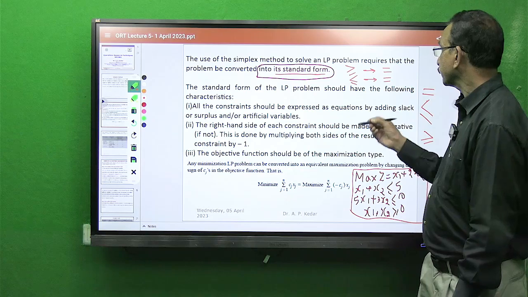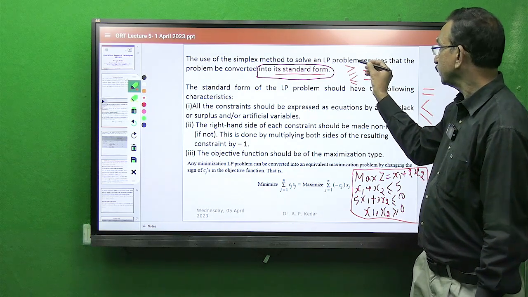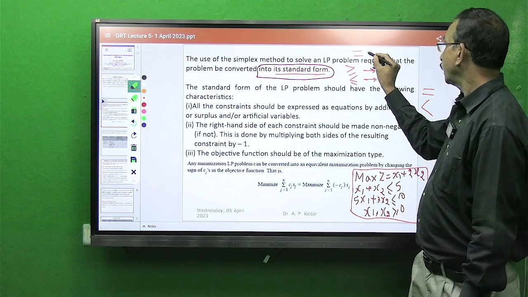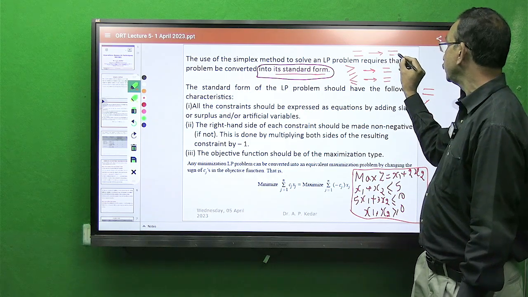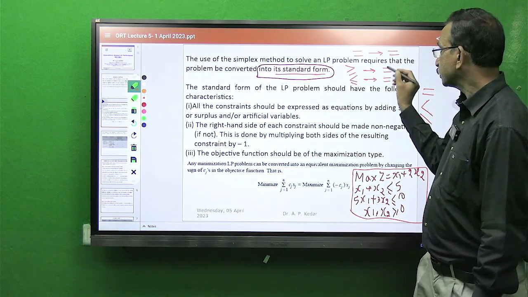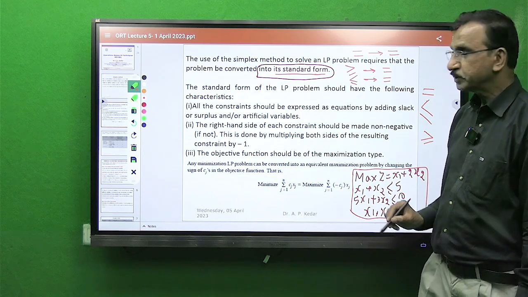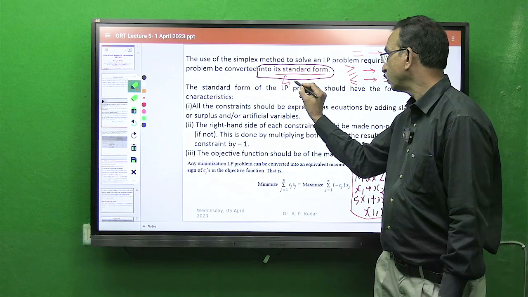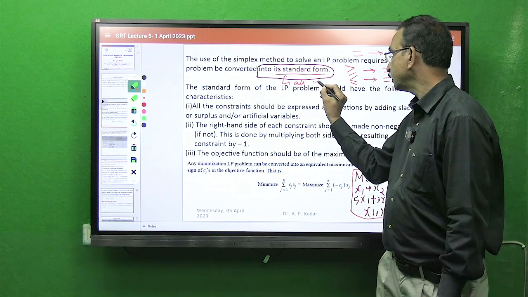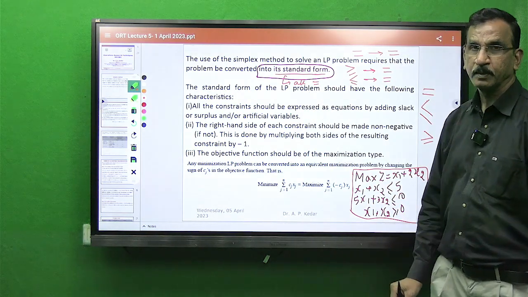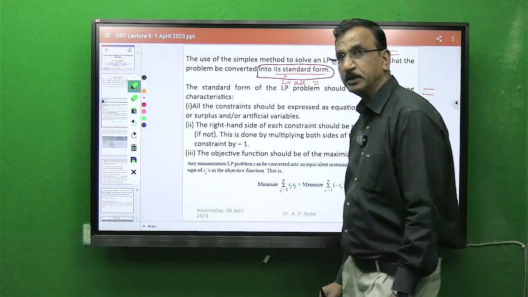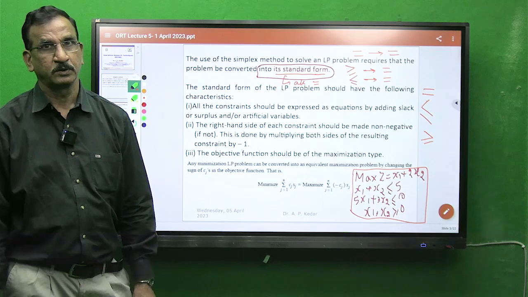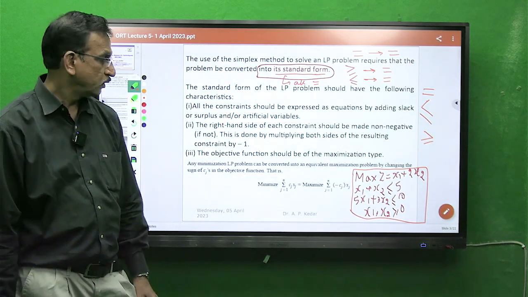And interestingly, if I am having equal to in canonical form, I have to again convert this into equal to for standard form. Means what I am saying, in standard form I want all constraints in equal to form. How can we do that? How can we proceed for that?